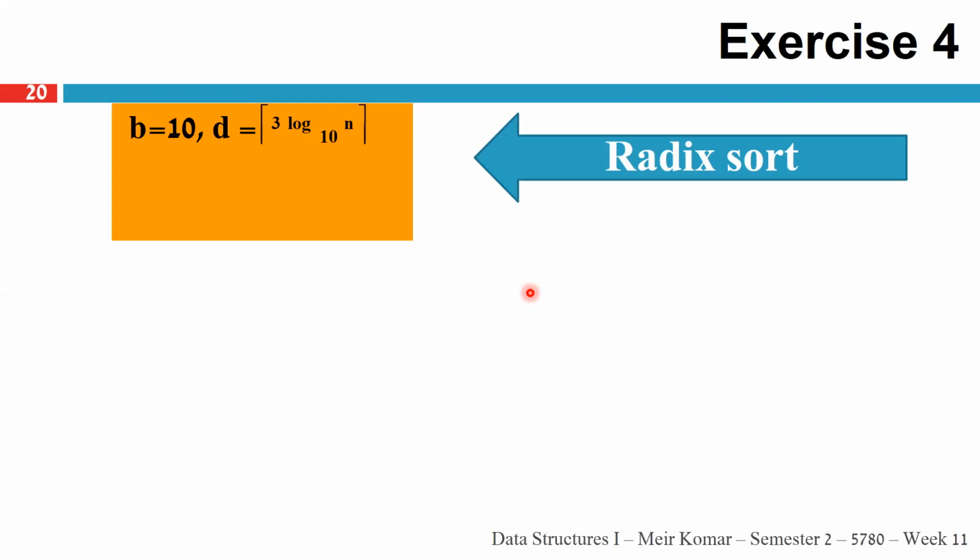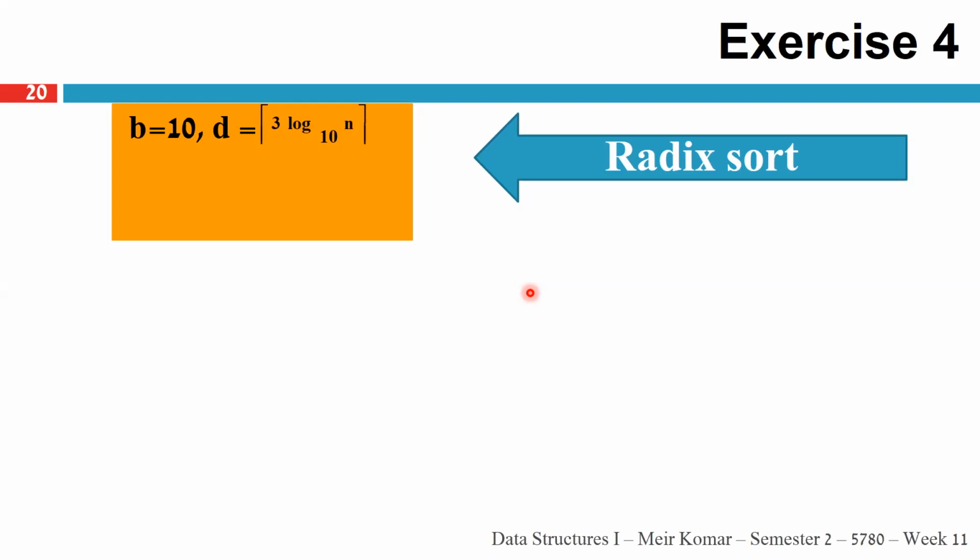Now, how many digits am I going to have in n cubed? Let's say n is 10. What is n cubed? 1,000.